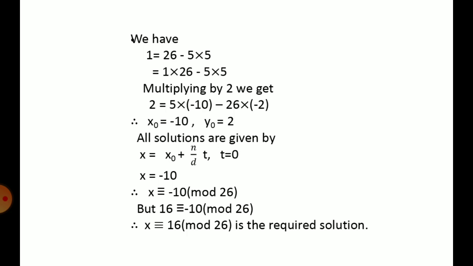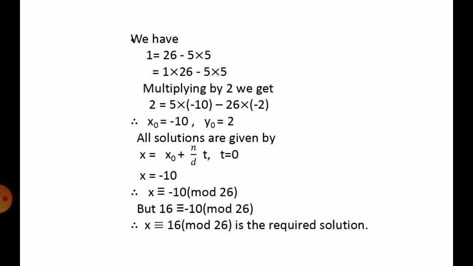Then as usual you have to find the values of x0 and y0. Here you will get x0 equal to minus 10, y0 equal to 2. Then all solutions are given by x equals x0 plus n by d into t. Since the value of d is 1, you have to consider t equal to 0.